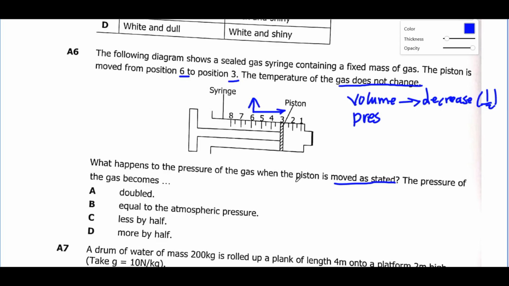What is the relationship between pressure and volume? The two are inversely proportional, which means that if volume decreases, the pressure must increase. Since the volume decreased by half, the pressure will double. That's the point. So the answer is A, doubled.